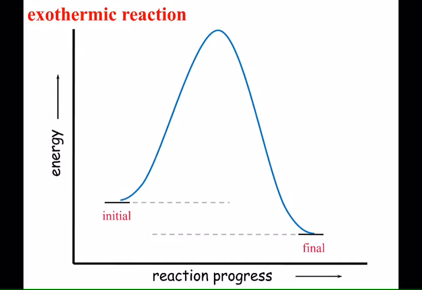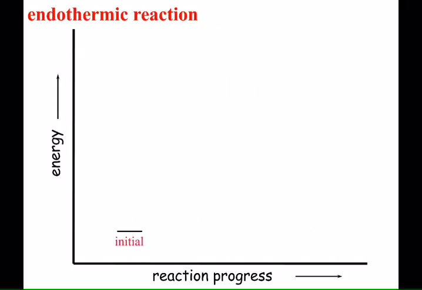So if that's exothermic, endothermic reactions also have an activation energy barrier. So endothermic would look like this. Energy is required for it to proceed from left to right. So we can show that by showing the final state at a higher energy. Energy is required.